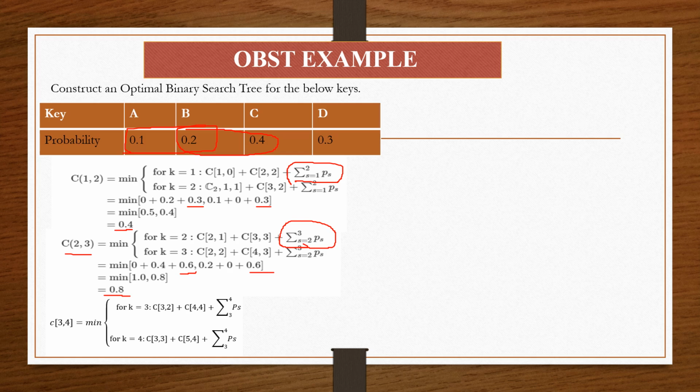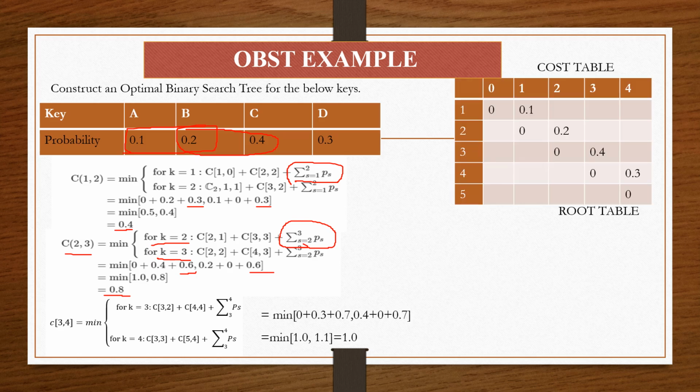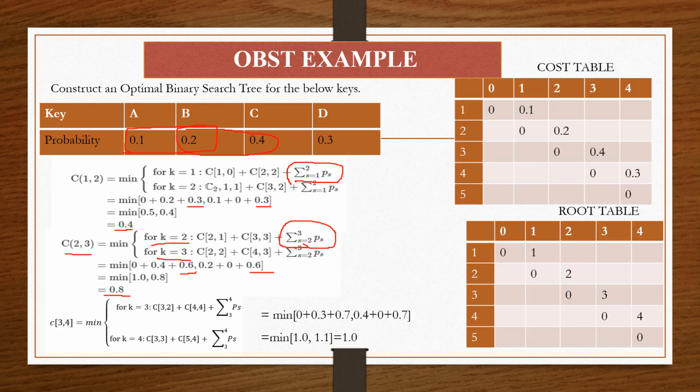So when i is 2 and j is 3, k will take the values 2 and 3. And similarly 3, 4 also I have to find. Like this I have to find for all combinations and fill out the cost table and root table.